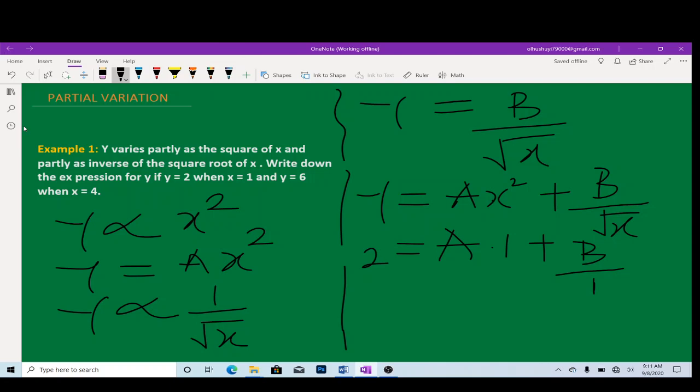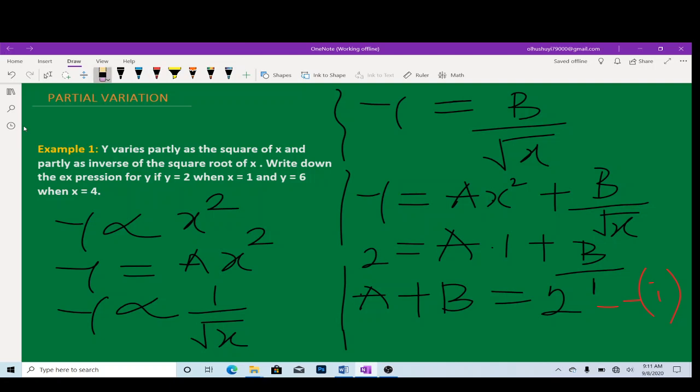So which means a plus b is equal to 2. That gives us equation 1: a plus b is equal to 2. That's what you get when you slot in the values of y and x at the first instance.